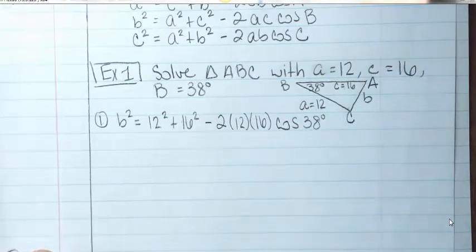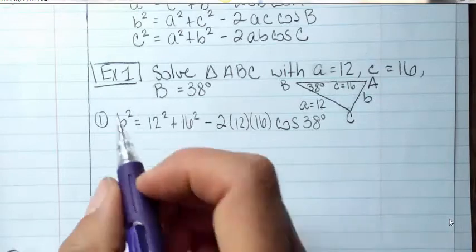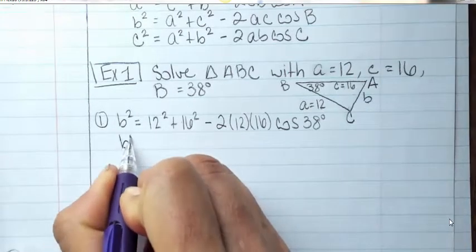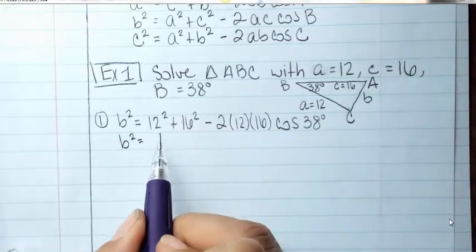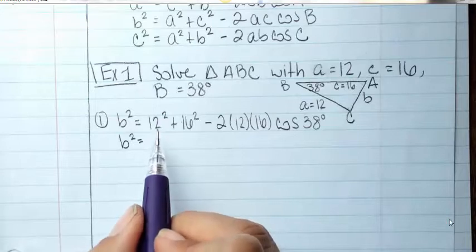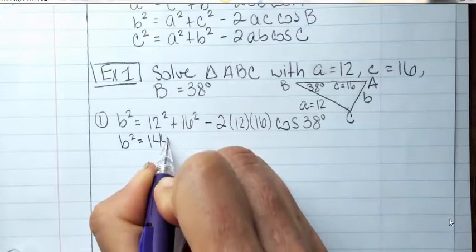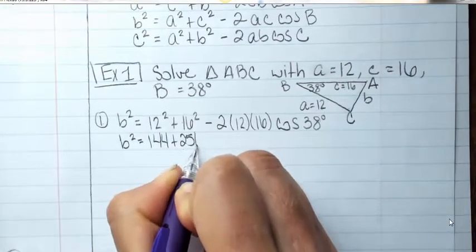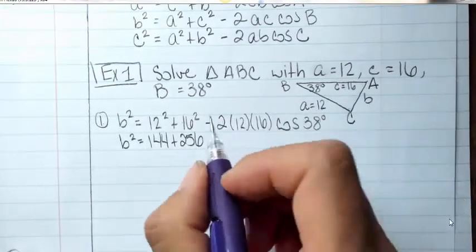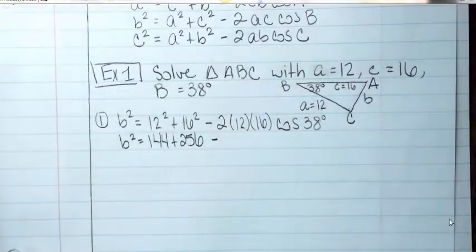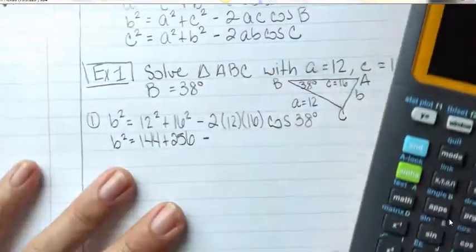So this should be pretty straightforward math, although people will make mistakes on this a lot. So you really need to follow your order of operations. I'll start with my exponents. So that's 144 plus, I think that's 256. I think I'm doing that right. Now I'm just going to get out my calculator.